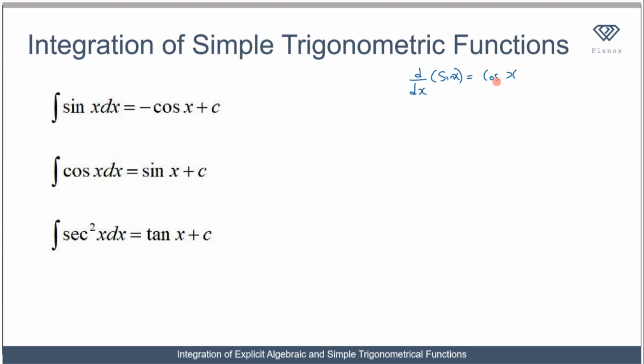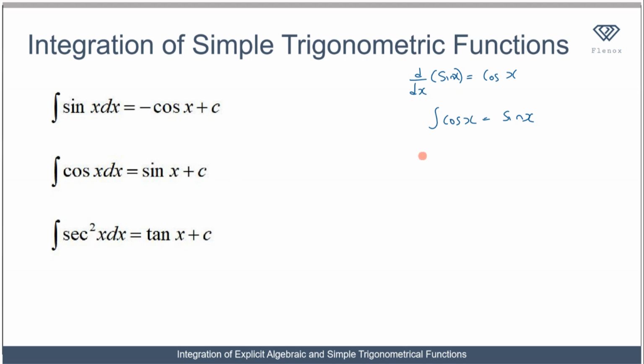So when I integrate cos x, I'm going to get sine x, because integration is the reverse of differentiation. So that is why the integral of cos x is sine x, plus your constant of integration as always.